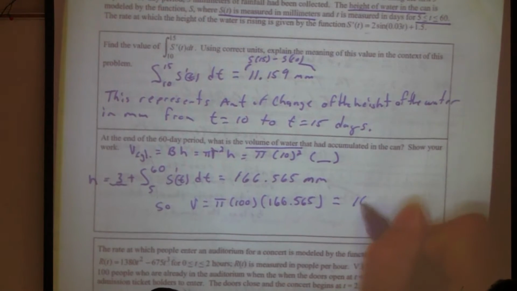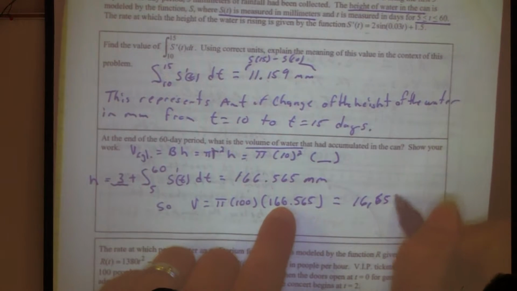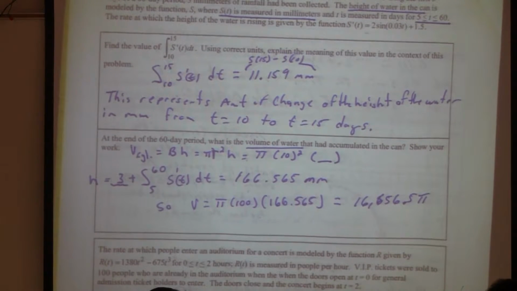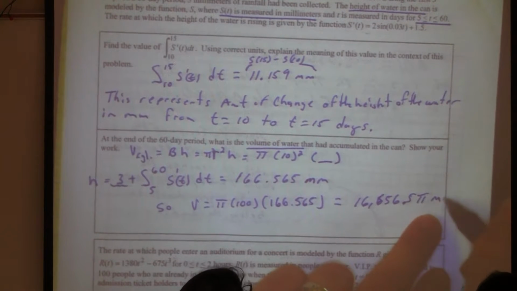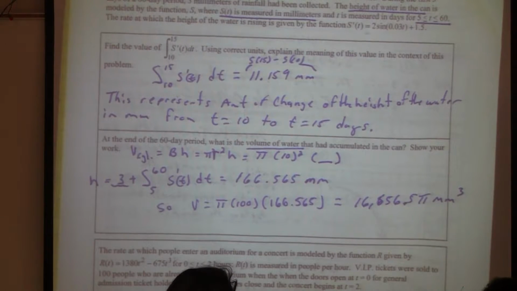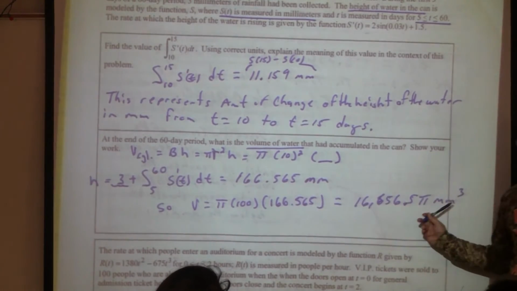So this is actually 16,656.5 times pi. And then it would be millimeters cubed, because this was millimeters squared, and this was millimeters, that gave me the millimeters cubed.